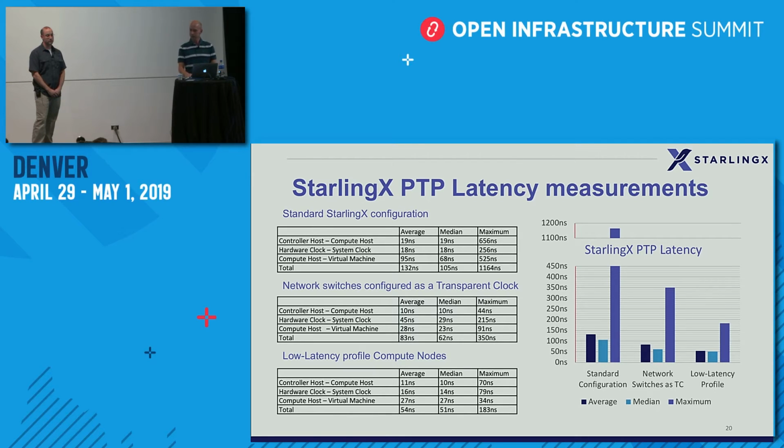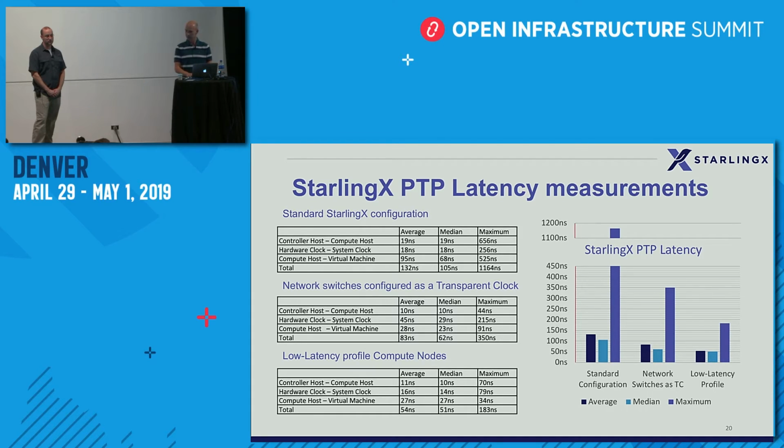So to tackle the first problem, the network configuration, all you need to do is invest in PTP-aware network switches and configure them as a PTP transparent clock or boundary clock. After that, you will significantly reduce the offset between the controller and the compute hosts.